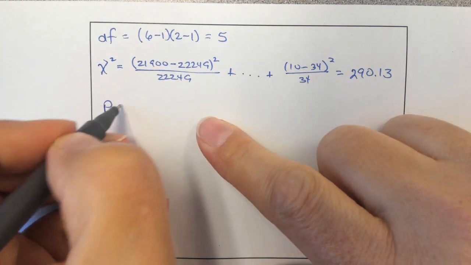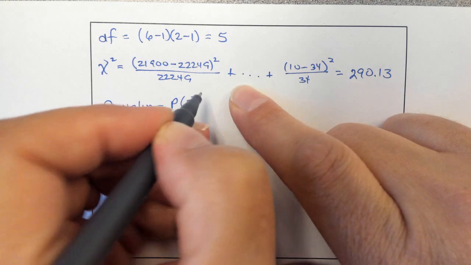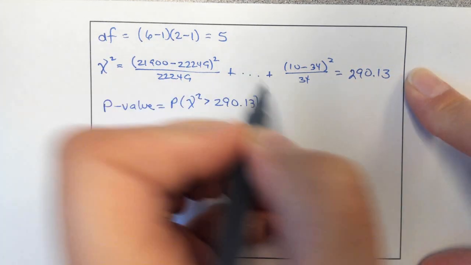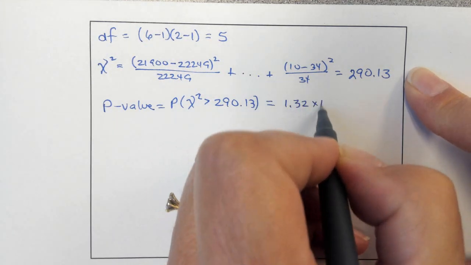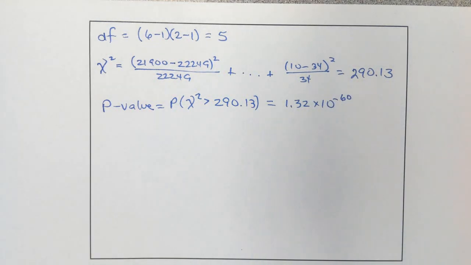The p-value, which is the probability of a chi-square value bigger than 290.13, is 1.32 times 10 to the negative 60th power. Virtually zero, virtually impossible that you would see these numbers if ranks and gender don't have an association, if there's not something going on.